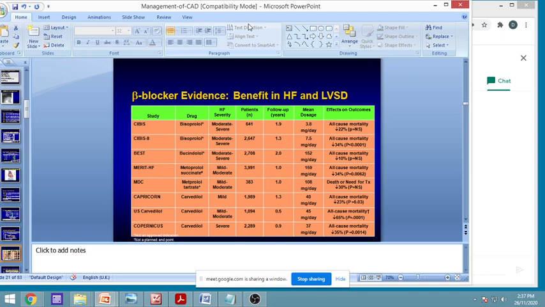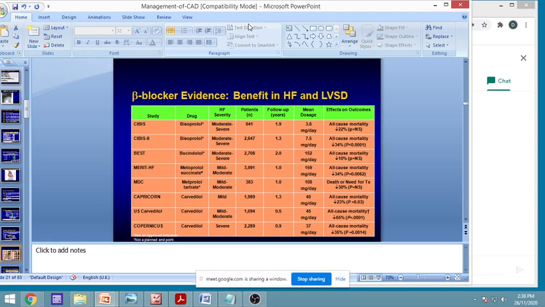It causes a decrease in mortality, with 22% change, then 34% change with bisoprolol, then 10% with bucindolol, and like that. So there are various studies, and these studies show the level of significance.